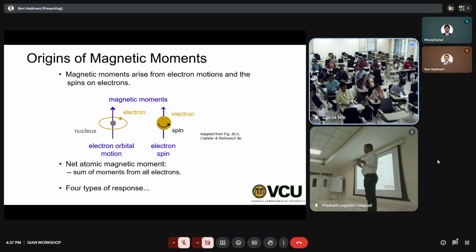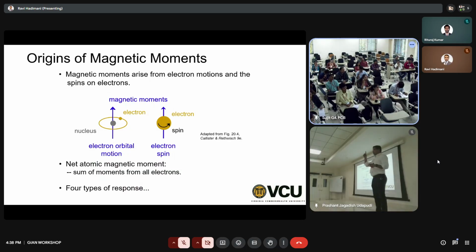However, in materials, you know Pauli's exclusion principle, right? In a single orbital, electrons always have opposite spins. So when there are two electrons, for example in an s orbital, the spins are opposite and the magnetic field cancels out.